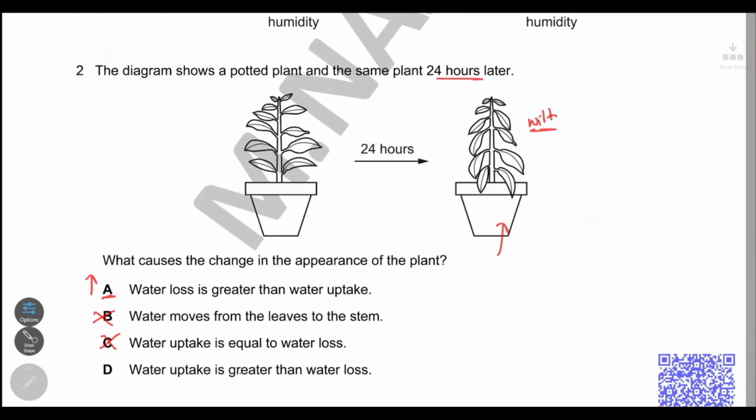D, water uptake is greater than the water loss. Definitely, it is the wrong answer, because if the amount of water taken by the plant is more than the water lost, the plant will not wither. It will be much more turgid and much stronger. Let's carry on then.